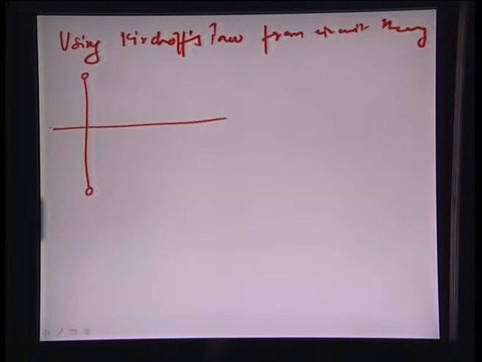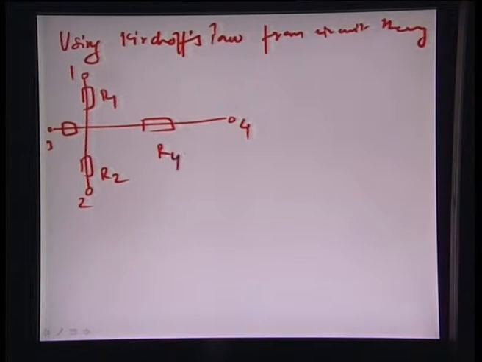So we have 1, 2, 3, 4, and resistances R1, R2, R3, R4, and also potentials phi 1, phi 2, phi 3, phi 4.